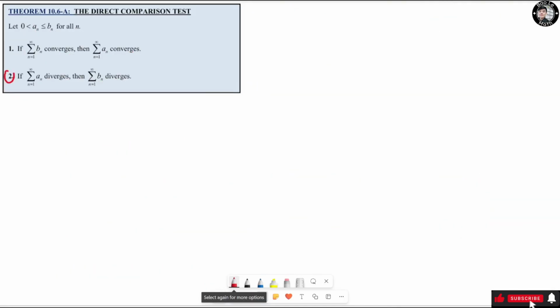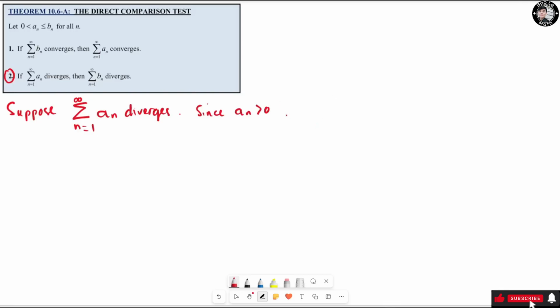Now let's prove number 2. If the series a sub n diverges, then the series b sub n diverges. Now suppose the series a sub n diverges. Since a sub n is positive, the limit of s sub n when n approaches infinity is infinity.